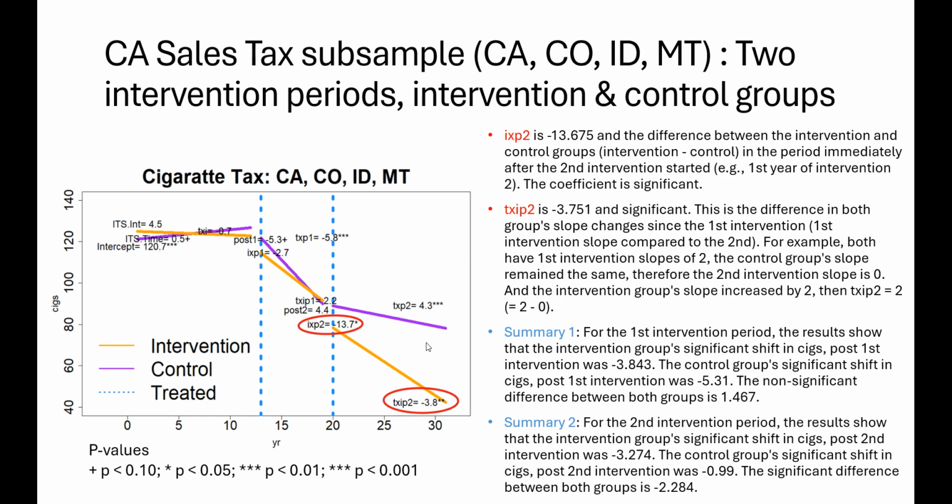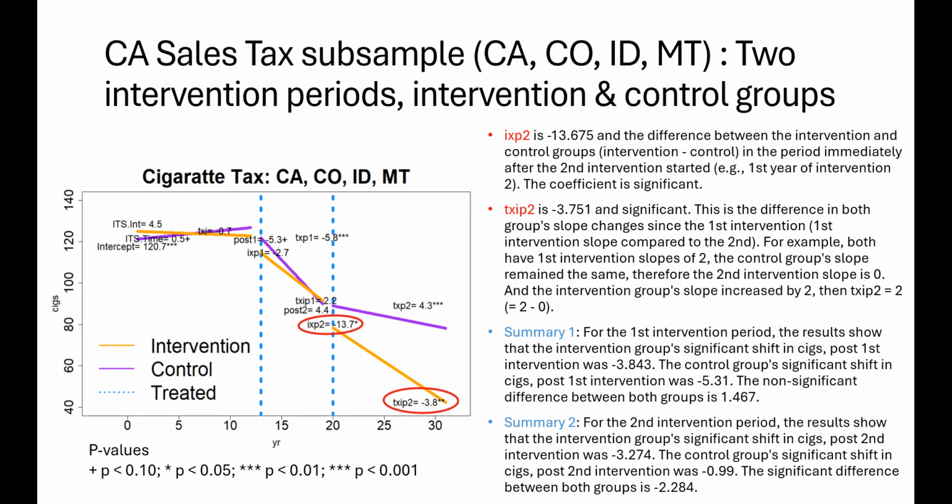And then now we're going to look at our second main variable. That's TXIP2, and that's negative 3.8 and significant. This is a difference in both group slope changes since the first intervention slope compared to the second.